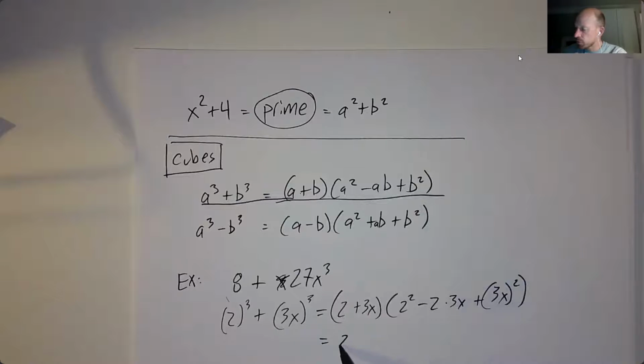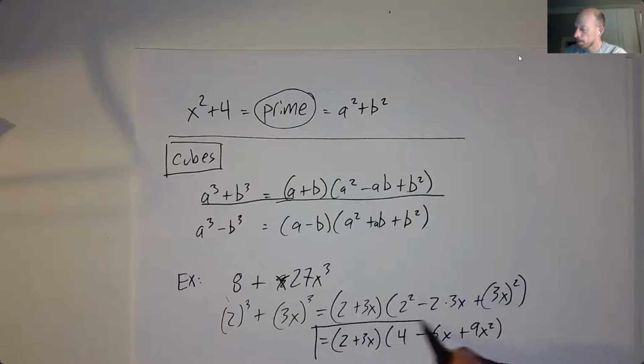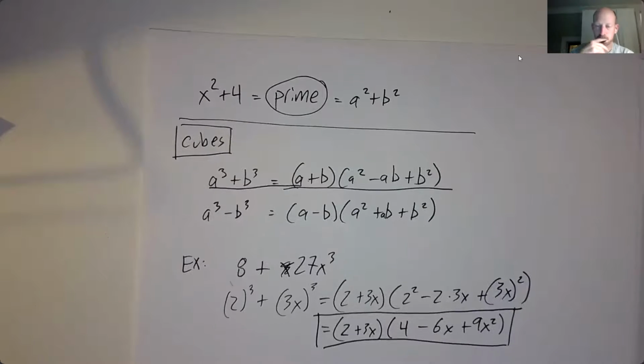Now I can do a little bit of simplification here, not much. 4 minus 6x plus 9x squared. Questions at all about that? Okay.